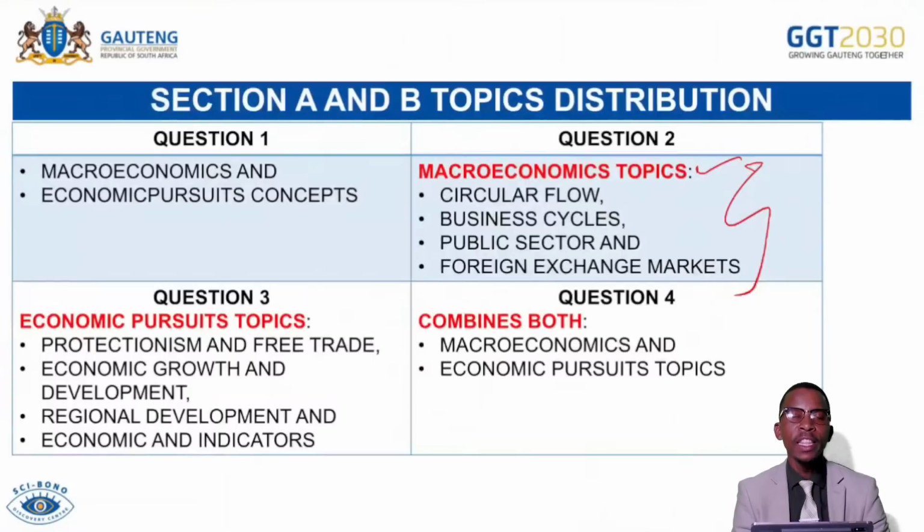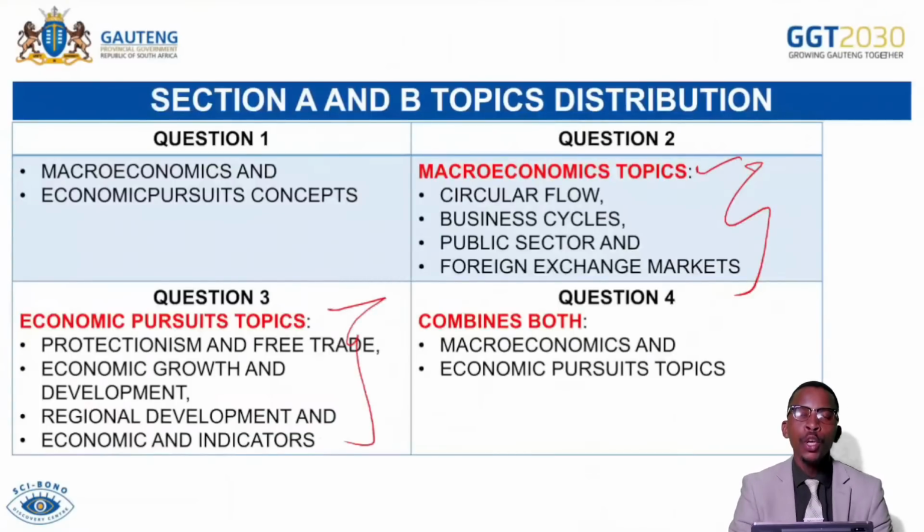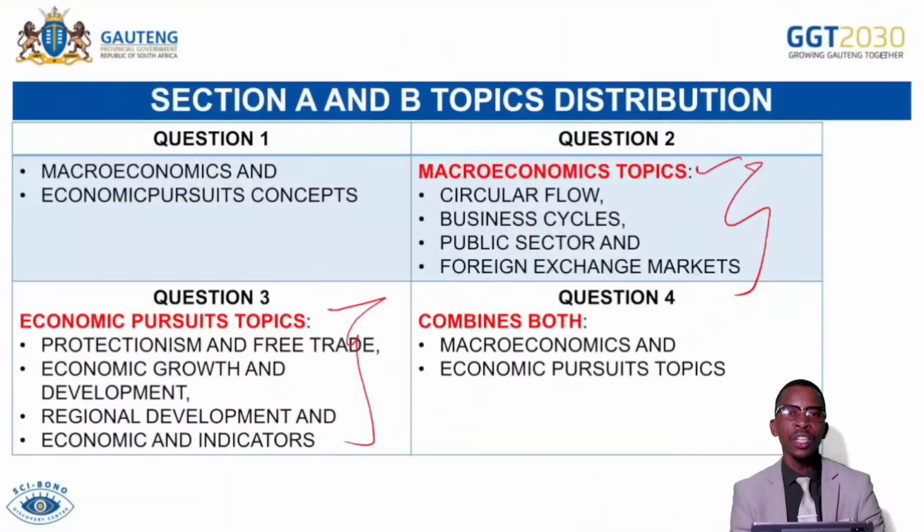For question 3, that is only economic pursuits. There is no macroeconomics. So it is very important that as you prepare, you know your strongest area. You know what you are ready to cover as of now, and then you just have to add going forward until tomorrow, 2 o'clock. So if you want to answer question 3 of your question paper, then it is very important for you to be fully informed about protectionism and free trade, economic growth and development, regional development, and economic and social indicators.